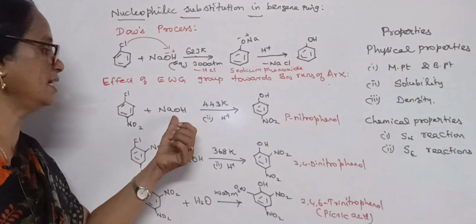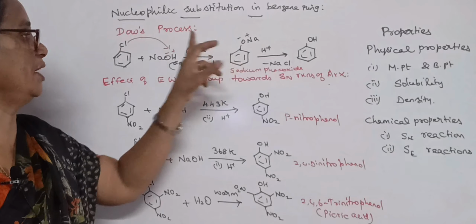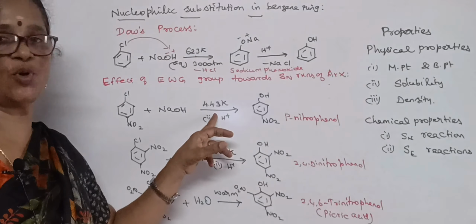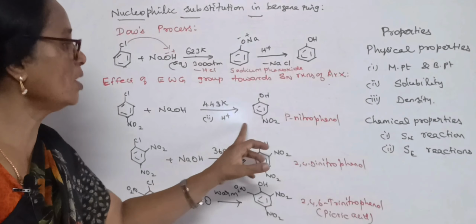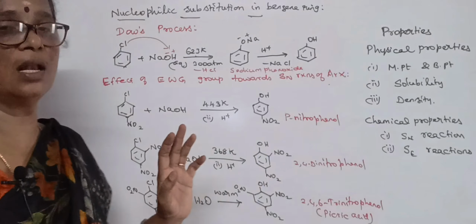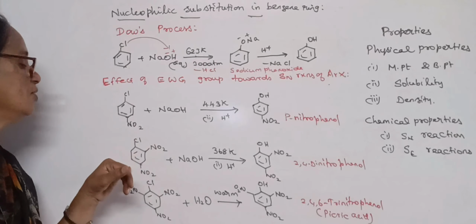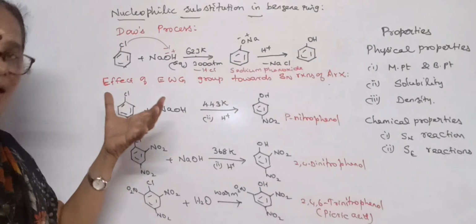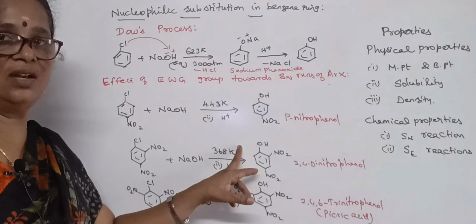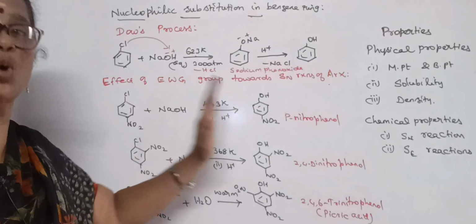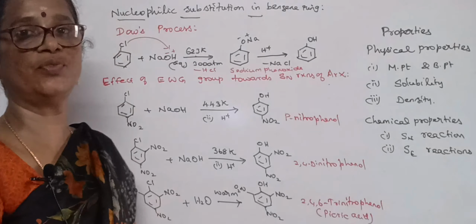When it is treated with aqueous sodium hydroxide, the temperature is reduced from 623 to 443 Kelvin, and there is no influence of pressure. So it forms para-nitrophenol. When two nitro groups are at the second and fourth positions, the temperature decreases to 368 Kelvin and the reaction becomes more feasible, giving 2,4-dinitrophenol.